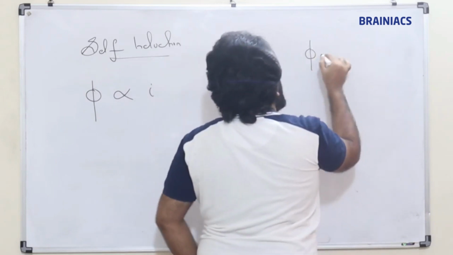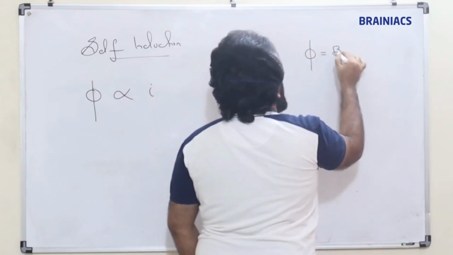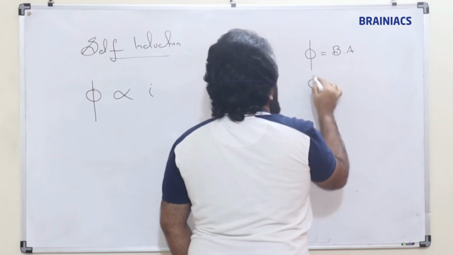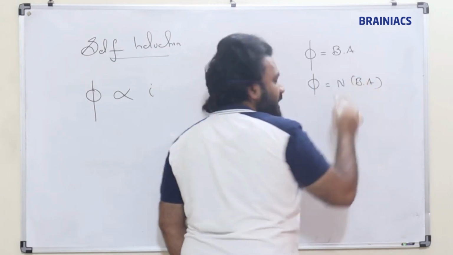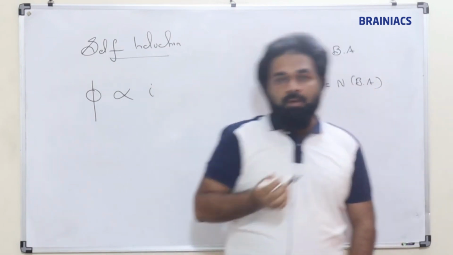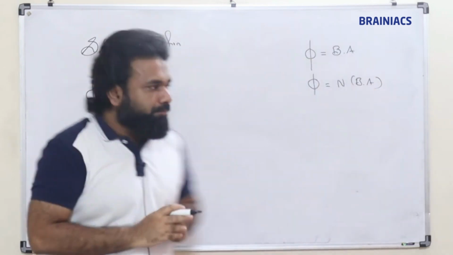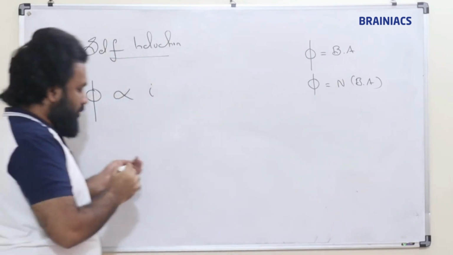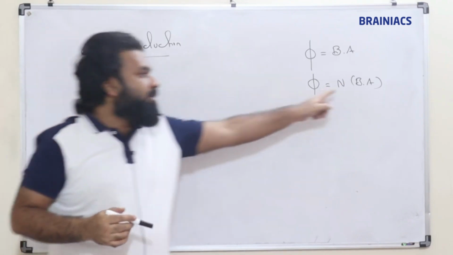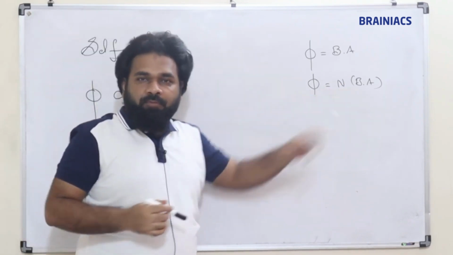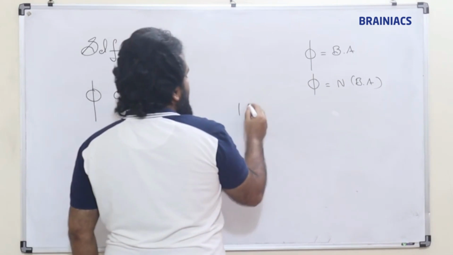Previously we have seen flux is equal to B dot A, or phi is equal to N into B dot A, in the beginning of electromagnetic induction. Here we are going to see it from another angle, because if current is there, definitely magnetic field will be there.